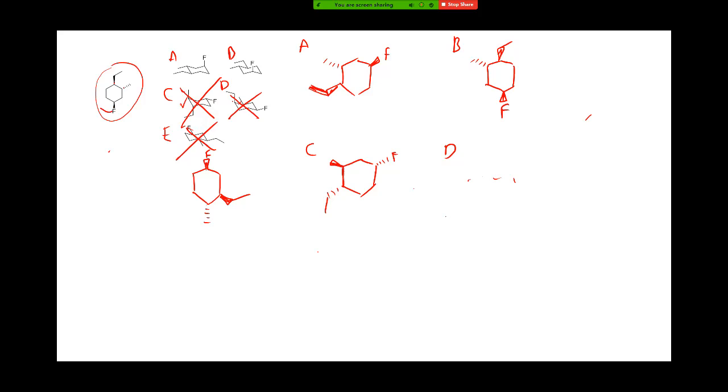So if I go from fluorine to the ethyl, that's clockwise. In A, if I go from fluorine to the ethyl, they're both up, that's clockwise. In B, if I go from fluorine to the ethyl, that's counterclockwise.